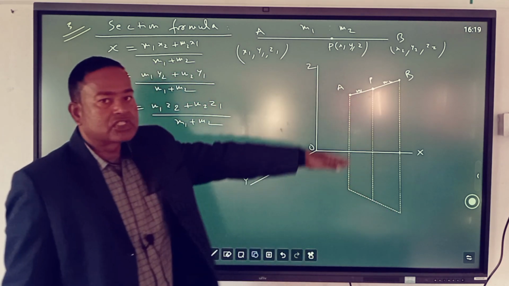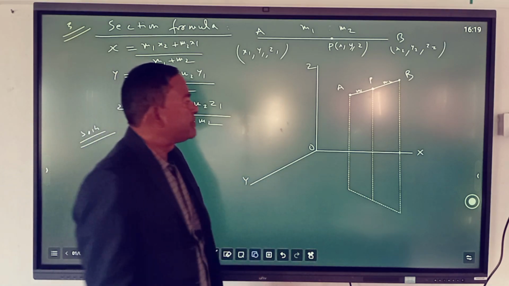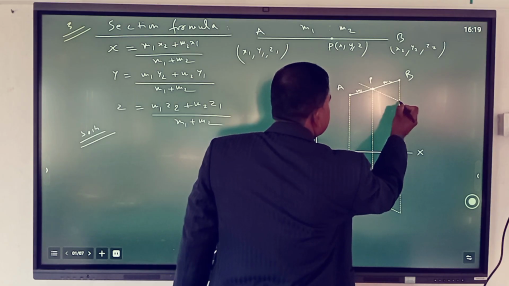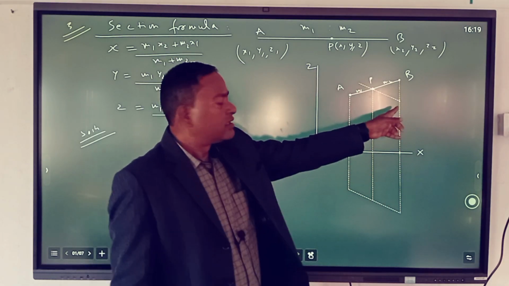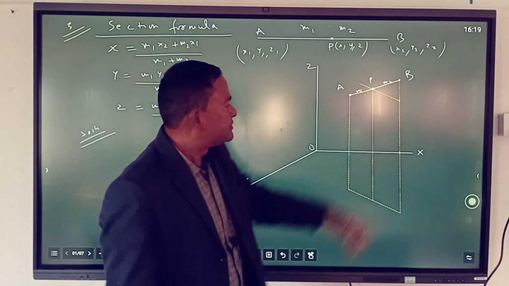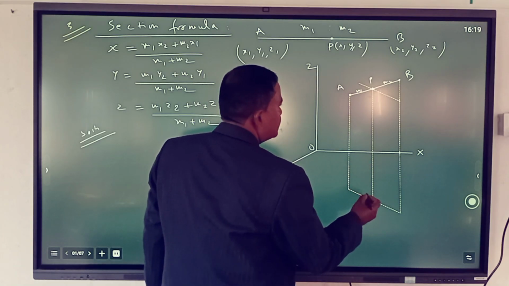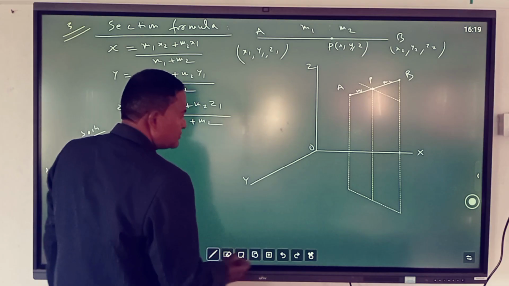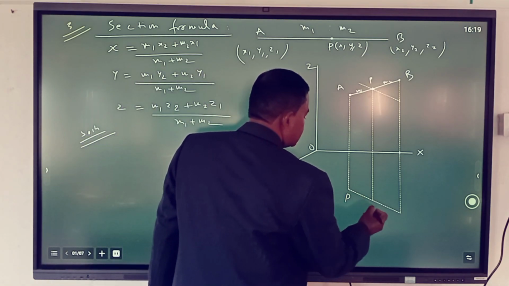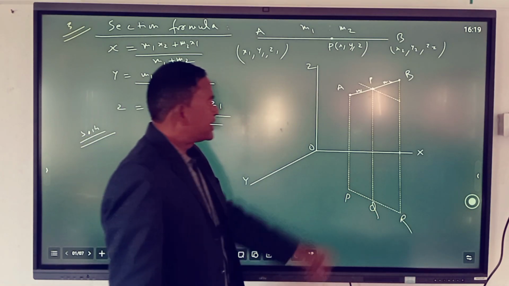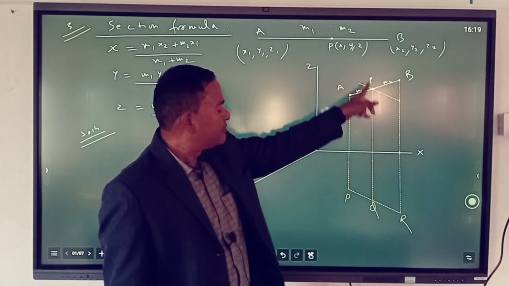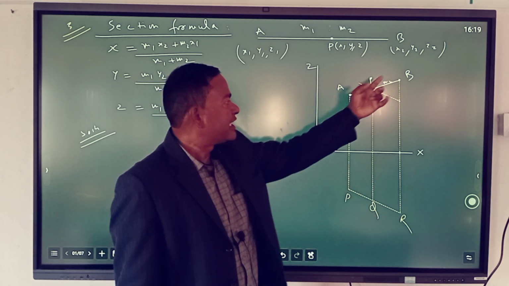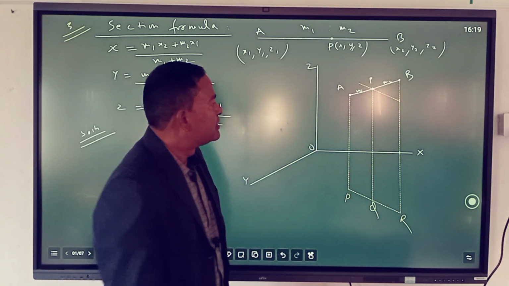From the point A also we draw a perpendicular on the xy plane. AQ, PQ and BR are the perpendicular lines from the points A, P and B on the xy plane.